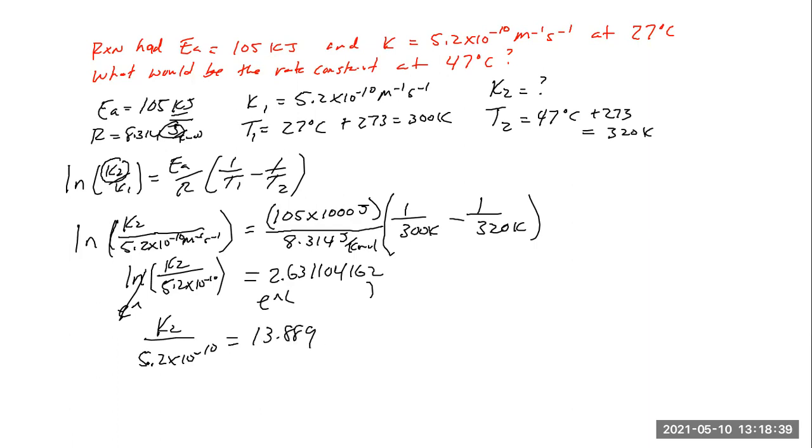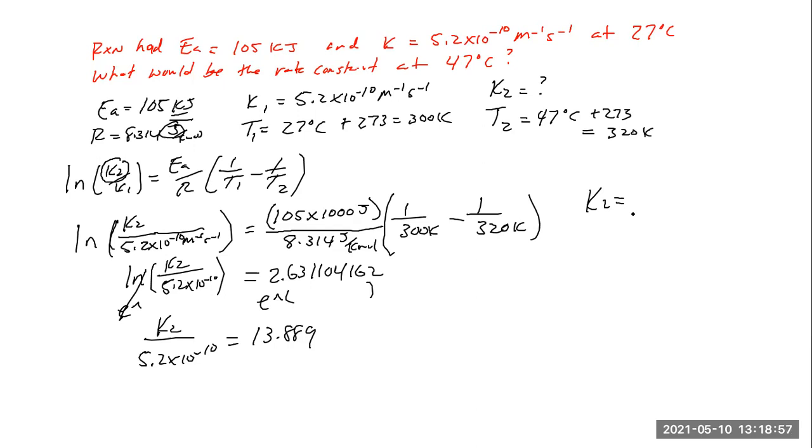13.889. To finally figure out our K2, we're going to multiply by our K1 on the other side, and that will get us a K2 of 5.2 to the minus 10 times that.